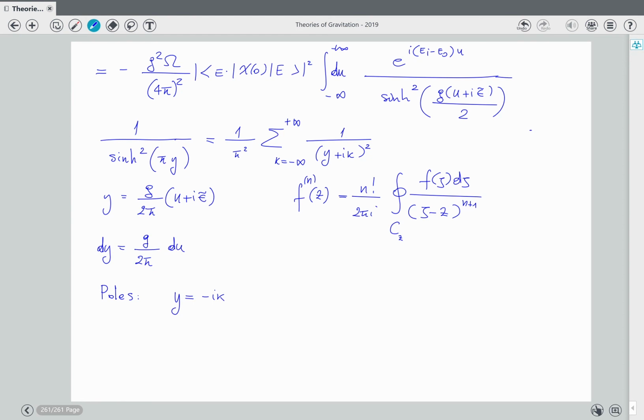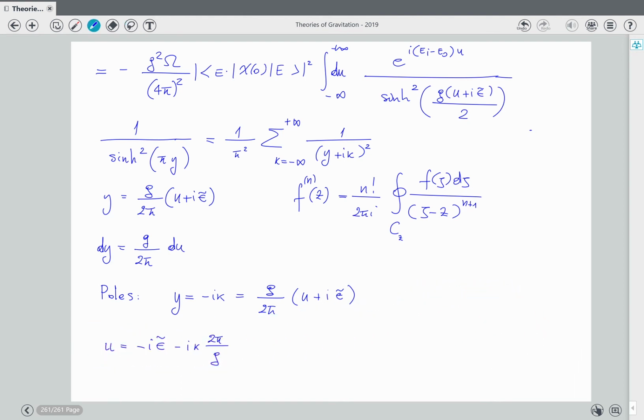And that means that this is g divided by 2 pi times u plus i epsilon tilde. So that means that u is equal to minus i epsilon tilde minus i k 2 pi divided by g, where k is an integer number, positive or negative.